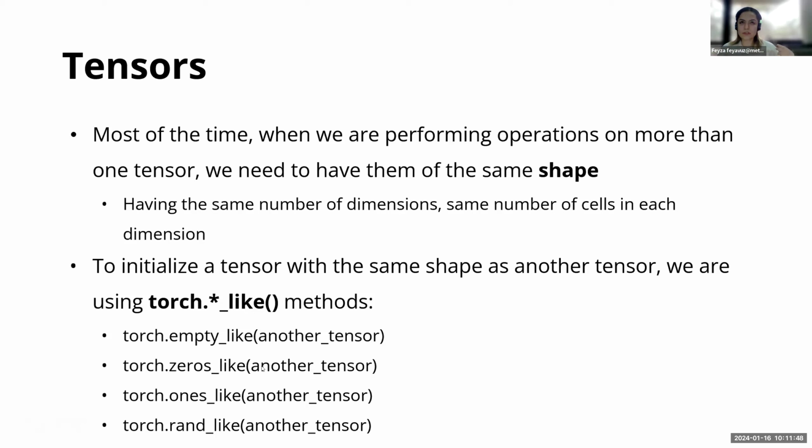These methods work just like torch.empty, zeros, ones, or rand, but with their parameter, we give these methods a specified shape. For example, zeros_like creates a tensor with the same shape as another tensor, filled with zeros, and ones_like does the same operation but fills with ones.